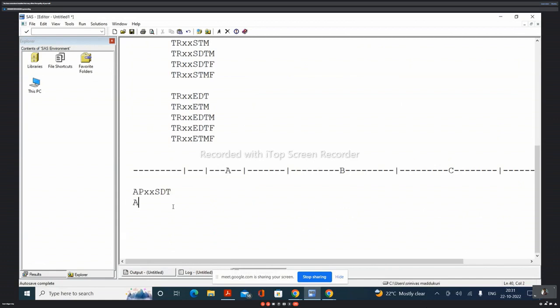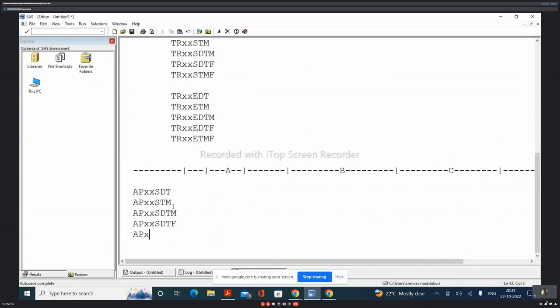Then we are going to have analysis period XX start time. Analysis period XX SDTM. Okay. Then we are going to have analysis period XX SDTF. Then what are you going to have?